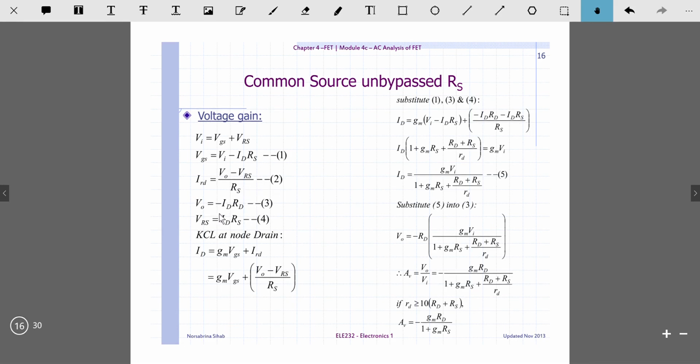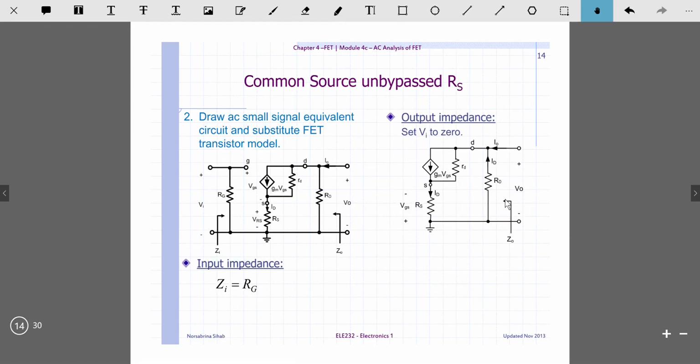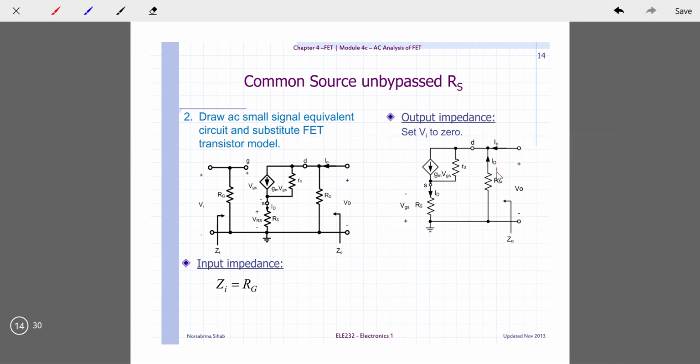So V out equals minus IDRD. That is from the output loop. This is the loop. V out equals minus IDRD. Okay, this is plus, this is minus and this is plus.